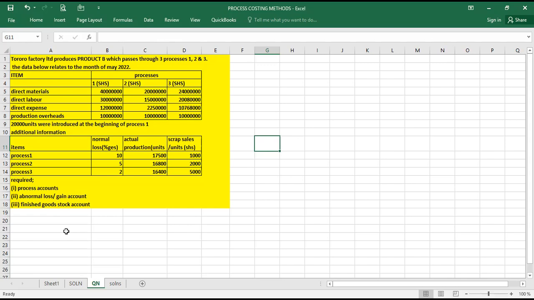When they say process account, it means they want as many accounts as from 1 up to the last one. We have the abnormal loss or gain account, and finally the finished goods, that is the stock account.